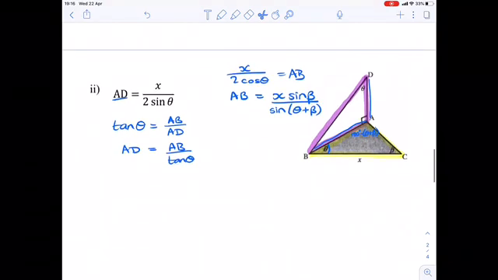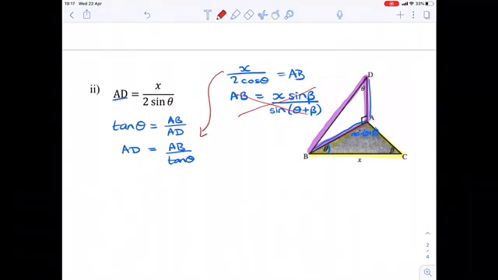Again, use your question as your hint. If you look in your question, we do not have betas in our question at all, and we definitely do not have an angle of theta plus beta. So it doesn't make sense to substitute that one in. So instead I'm going to substitute that one in, the one that we've just proven in the previous question.